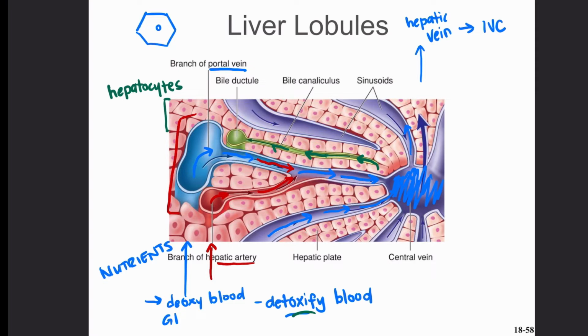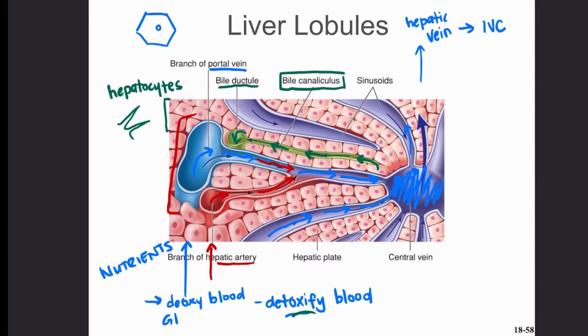And notice that the bile is completely separate from blood. and it's going through these vessels called bile canaliculi. If you can remember from anatomy, canaliculi just means like little vessels, little canals. And so these are going to carry bile out via the bile ducts.